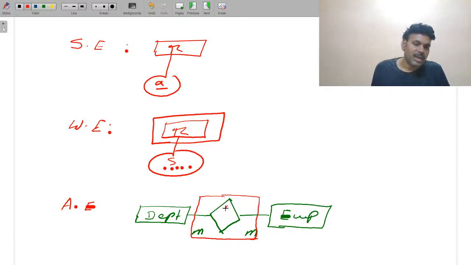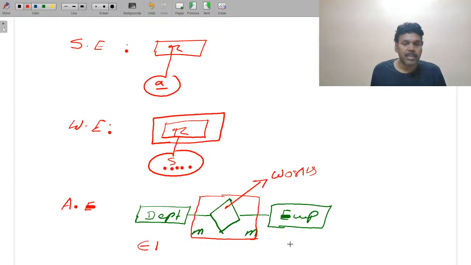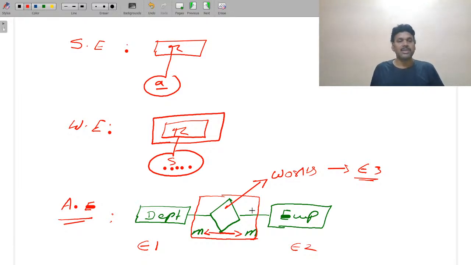If I name this relationship works, then in total you have three entities: department, employee, and works. So whenever there is a many to many relationship, you need to create this separate table, which we call an associative entity. In very rare situations this happens, only for many to many relationships.